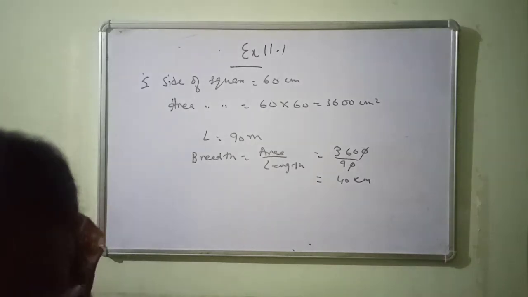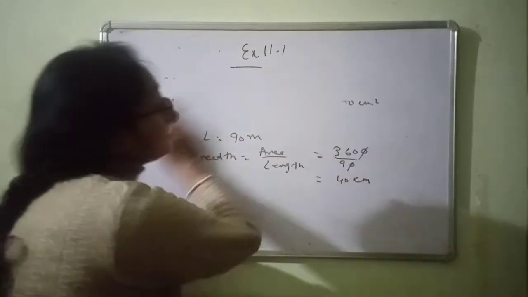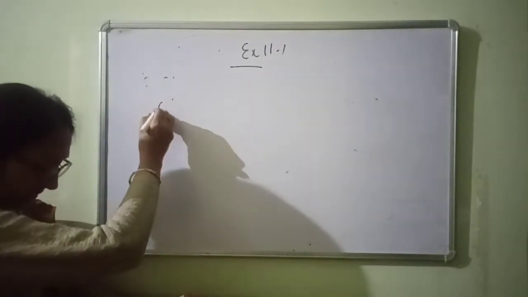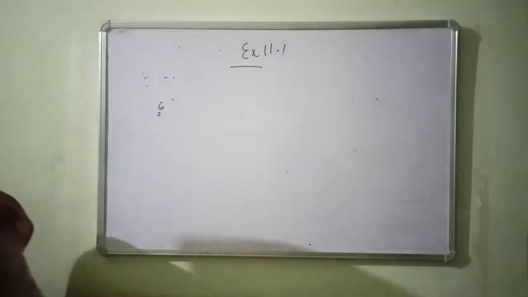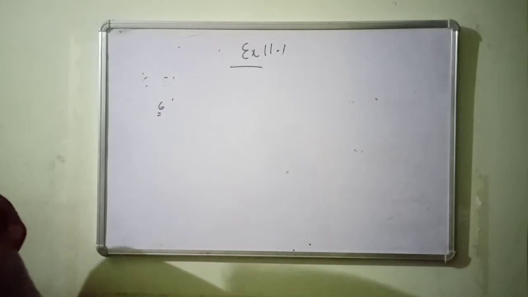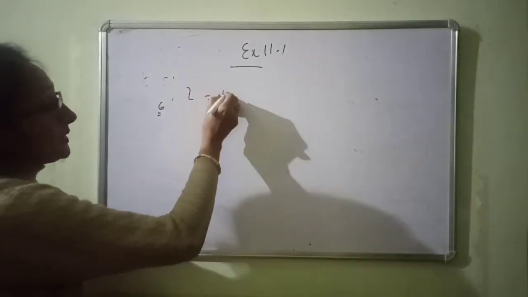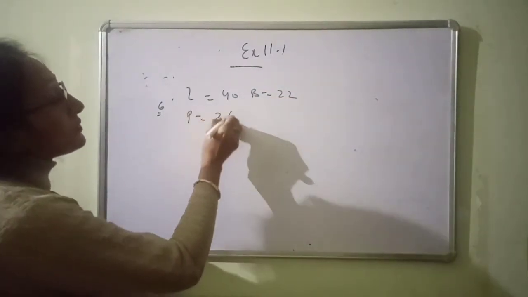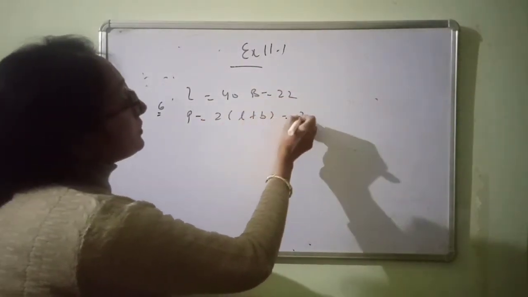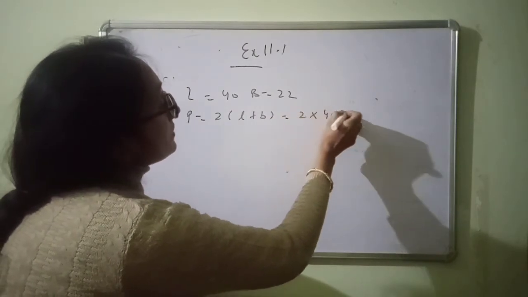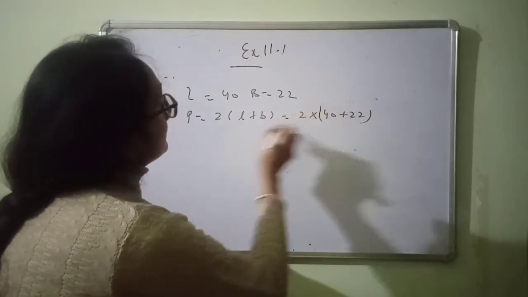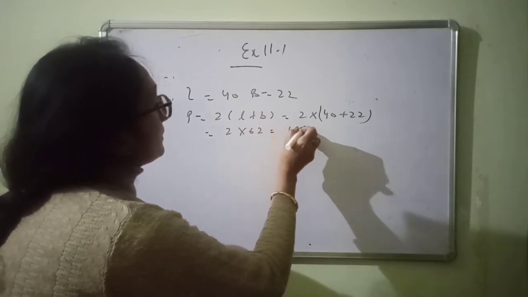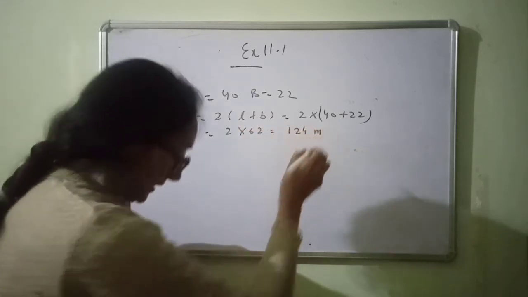Now we move to the next question, number 6. A wire is in the shape of a rectangle. Its length and breadth is 40 and 22. So we can find its perimeter. This is 2 into L plus B, 2 into 40 plus 22, that is 2 into 62, 124 centimeter.